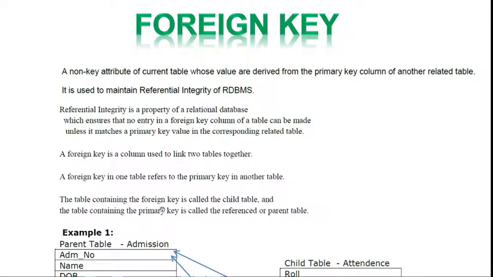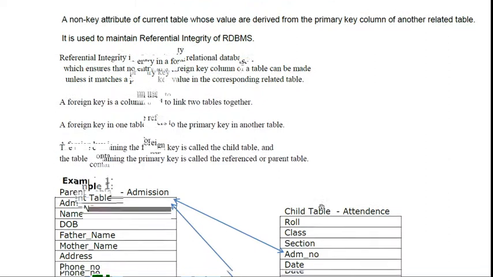A table containing the foreign key is called child table, and the table containing the primary key is called the referenced or the parent table. Okay, so these points are clear. Now with the diagram and with the example, you can easily understand it.